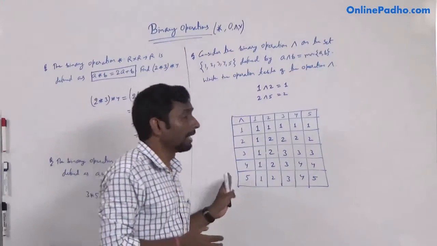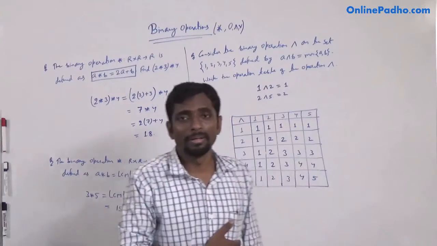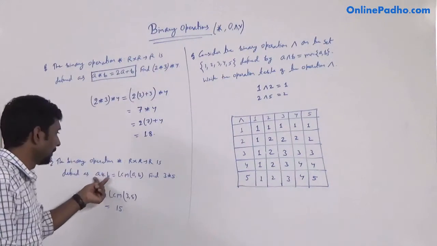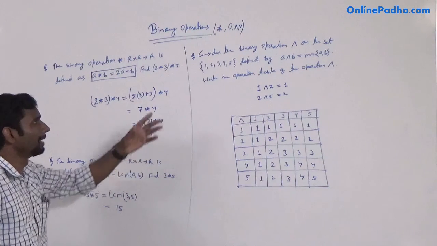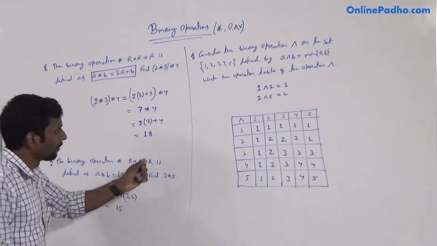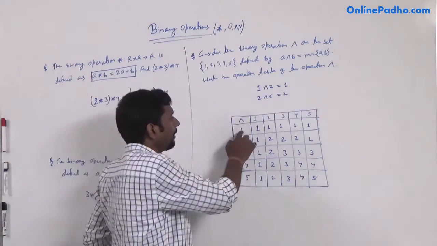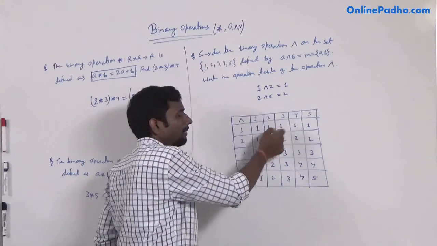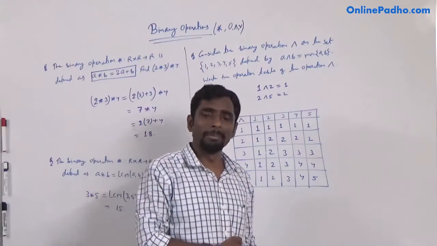In this way, we can draw the table for any binary operation. Like if we have the binary operation A star B equal to LCM of A, B and it belongs to the set 1 to 5, then we write star here and LCM of 1 and 1, LCM of 1 and 2, LCM of 1 and 3 here, right?